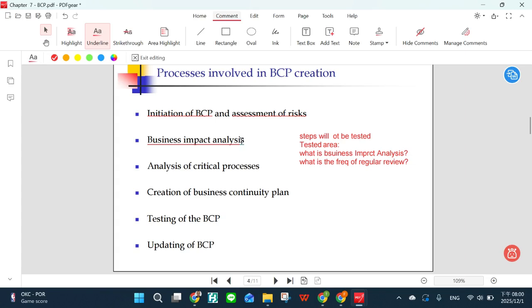First, you must know the assessment of risk. What risks are you prone to in terms of facilities management that will affect the running of the building?